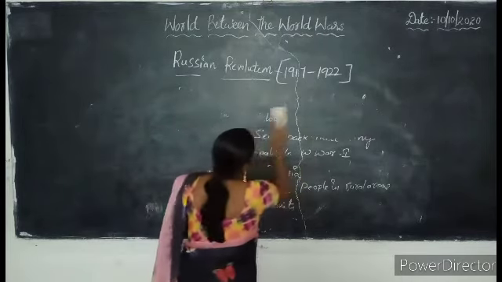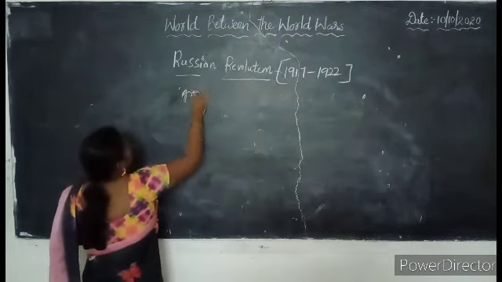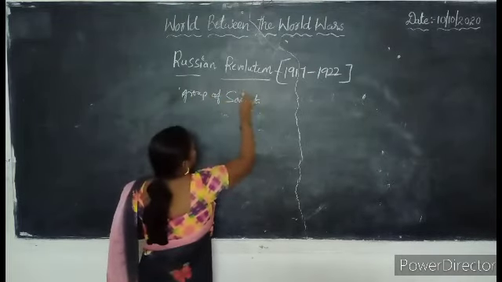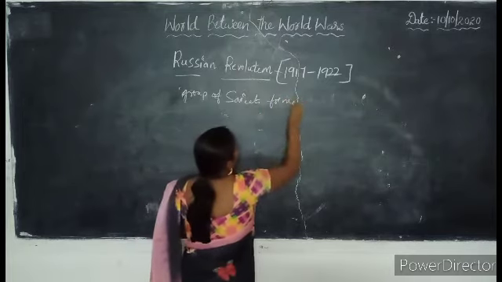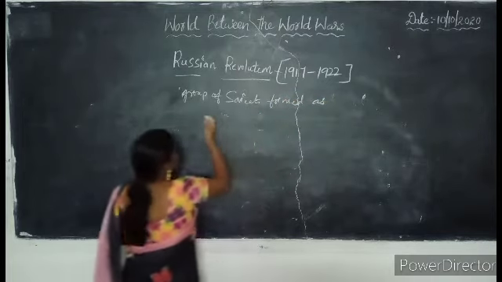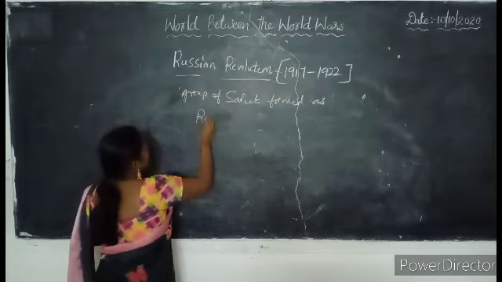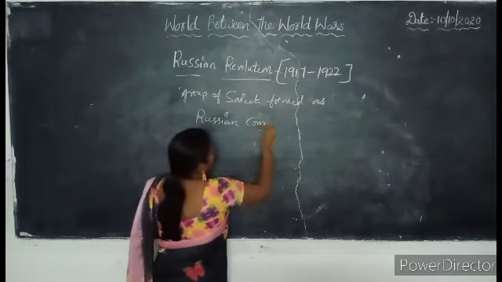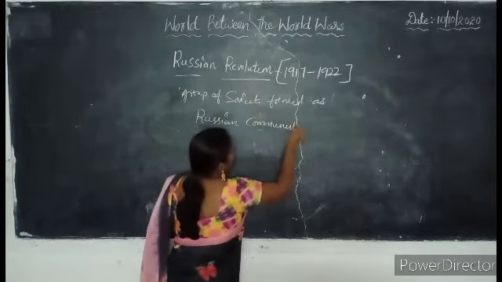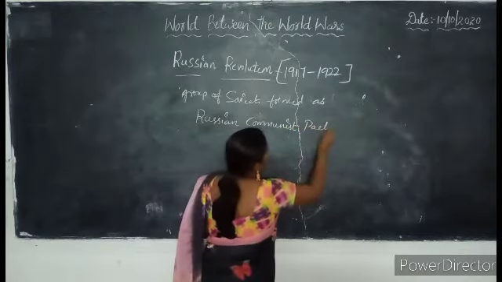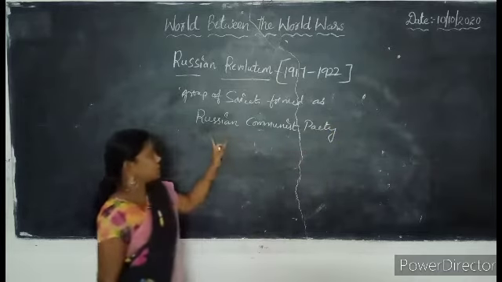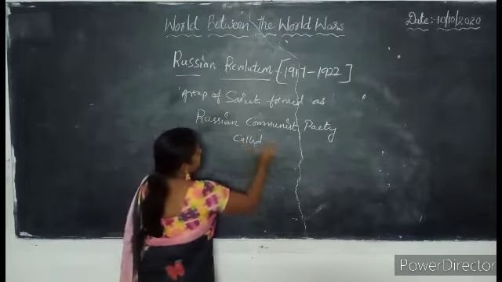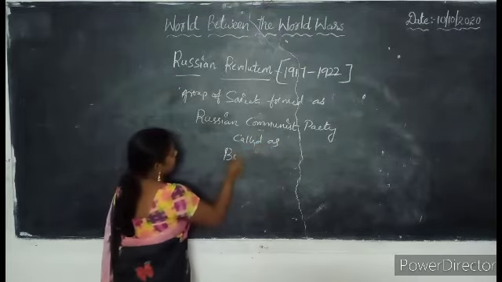A group of Soviets formed as the Russian Communist Party, RC, called the Bolsheviks.